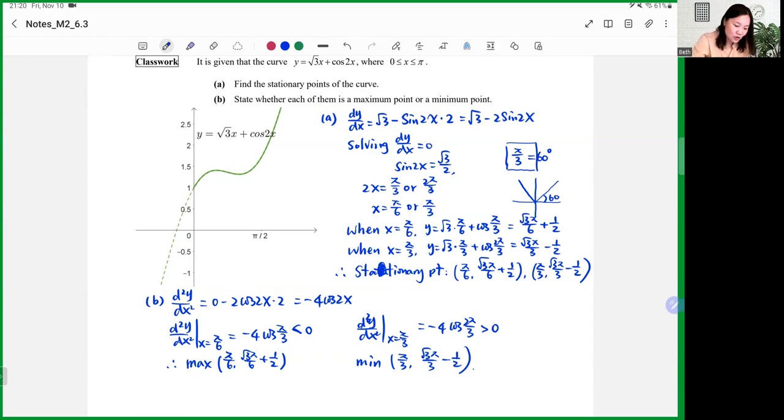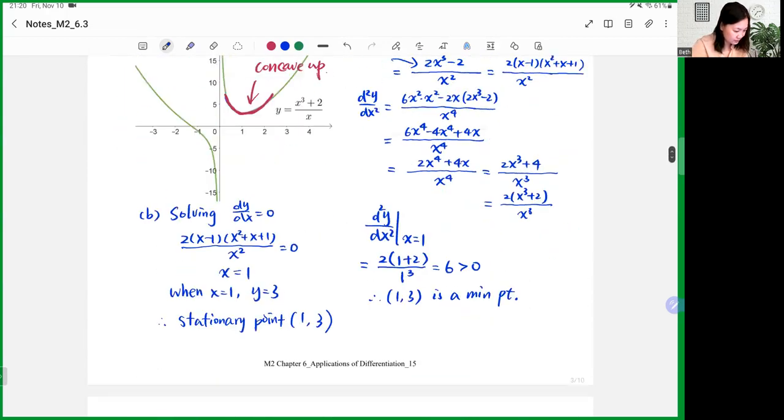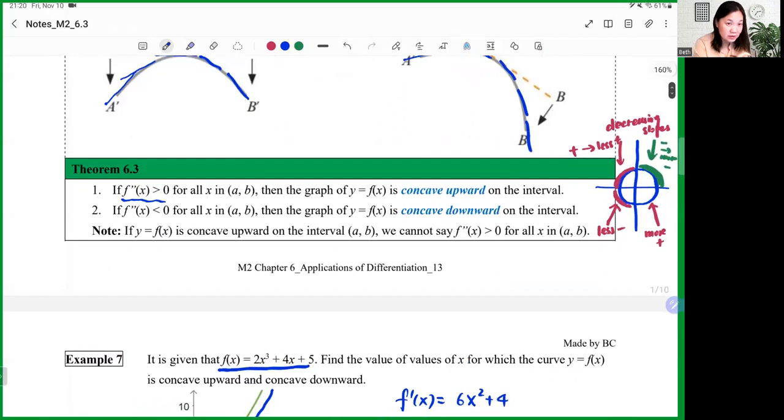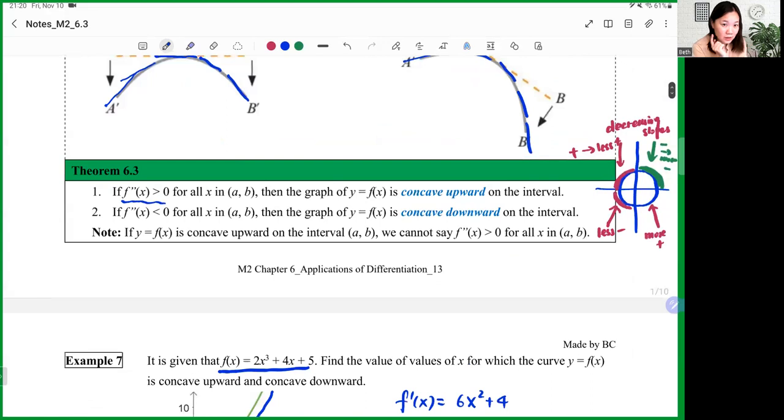Okay, now let's go back to the previous page, because we didn't really read this theorem in detail. Now I want to read it in detail. Now, theorem 6.3 says that now we have a way to detect maximum minimum from the second derivative.